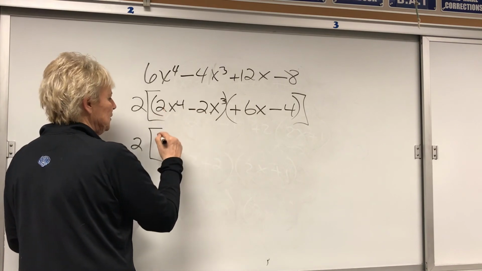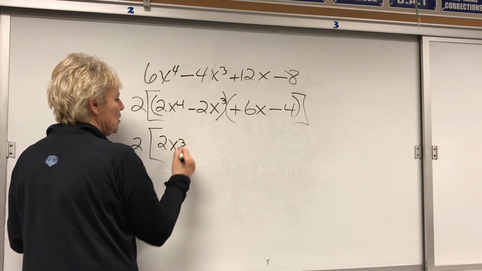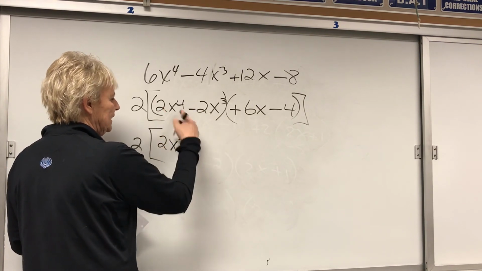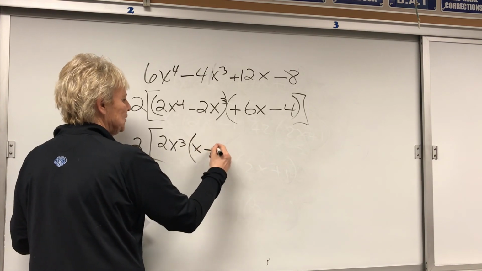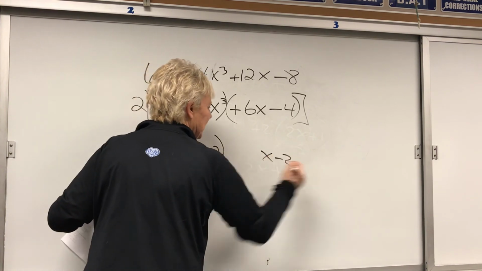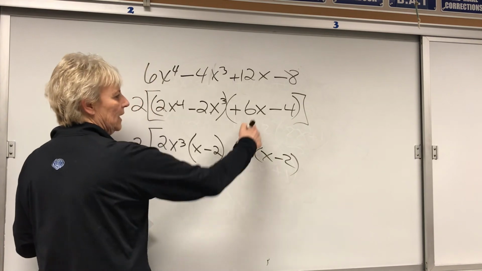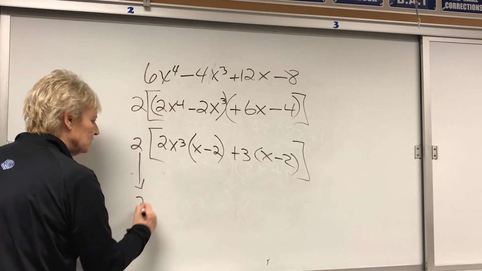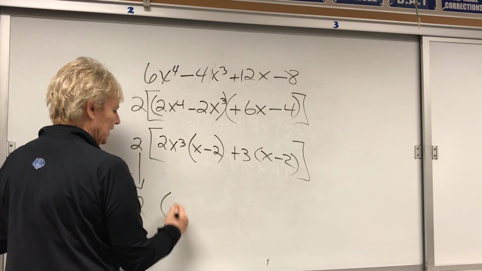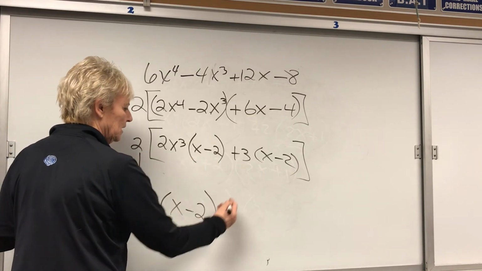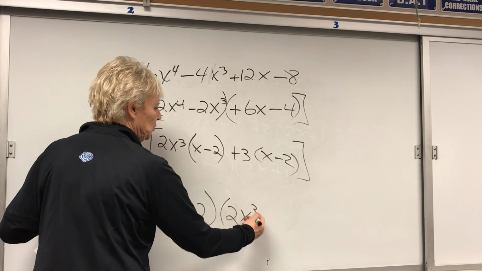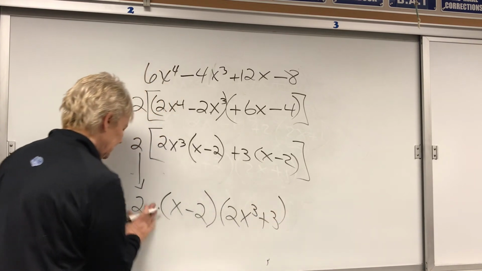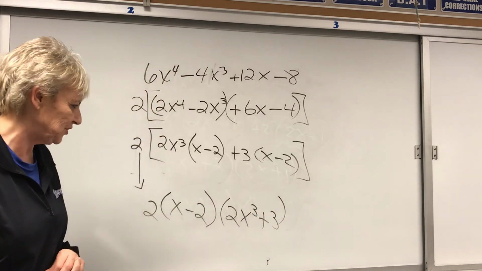Greatest common factor is 2x to the 3rd times the quantity x minus 2. x minus 2 again. And we need a 3. Bring the 2 down. You have x minus 2, 2x cubed plus 3. And that 2 just stays attached.